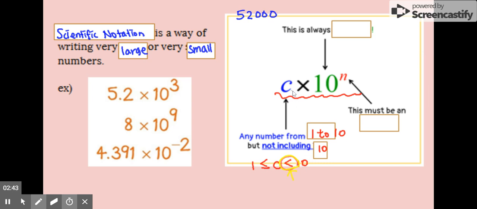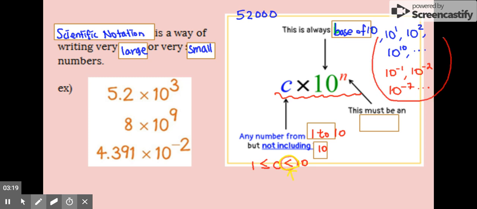All right. Now, I'm going to multiply by multiples of 10. So the next part should always be a base of 10. So it's like 10 to the first power, or 10 to the second, or 10 to the 10th power. And it could be a negative number too. It could be 10 to the negative first power, 10 to the negative second power, 10 to the negative 7th power. Those are the examples.